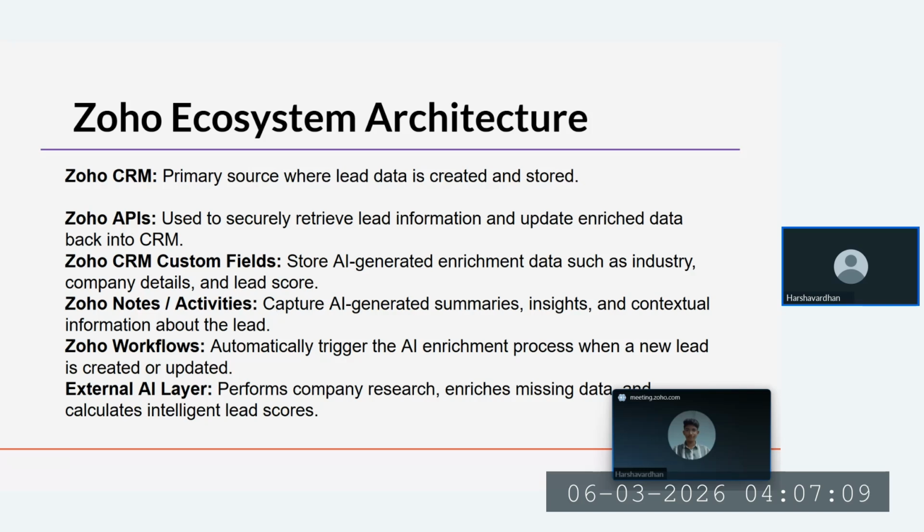So this lead enrichment system can be triggered in different ways, according to the client's need. If we look at this as a complete product, we can trigger the system whenever a new lead is created, which is the most optimal way of triggering the lead enrichment system.